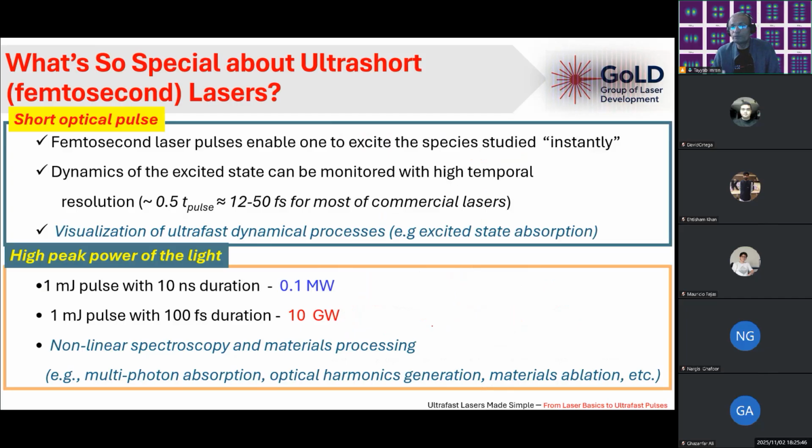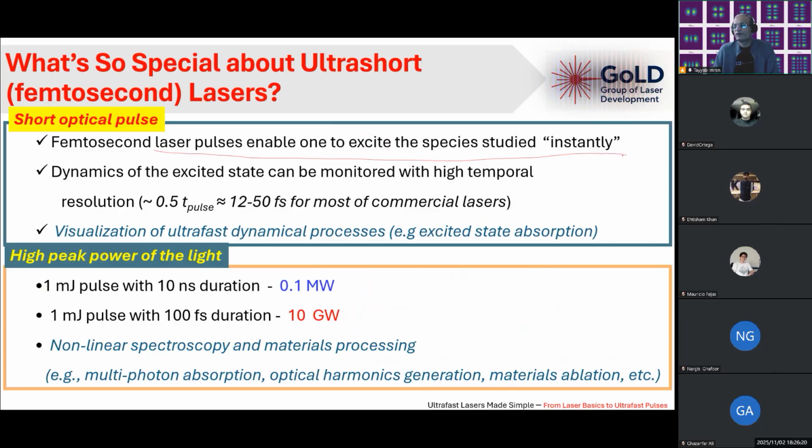What is so special about ultrafast or femtosecond lasers? Obviously, you have shorter pulses. The important thing is why we need shorter pulses. Femtosecond-range pulses are a very short time, so we can excite the species in such a short time and see the molecular reactions.